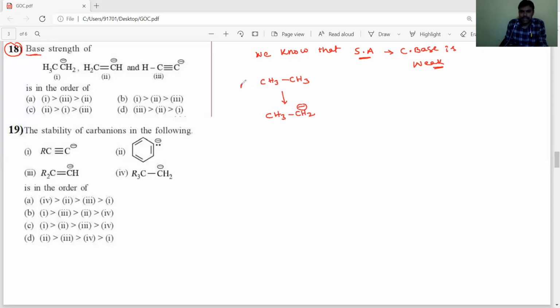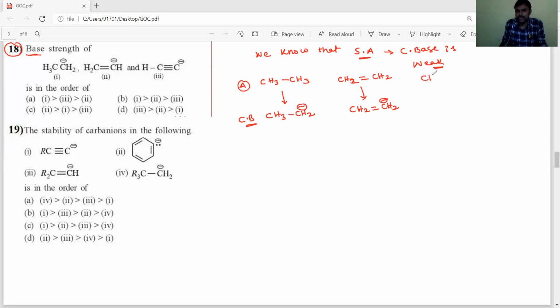An acid and its corresponding conjugate base, differing by one proton, are called conjugate acid-base pairs. Similarly, ethene, CH2=CH2, its corresponding conjugate base is CH2=CH minus.